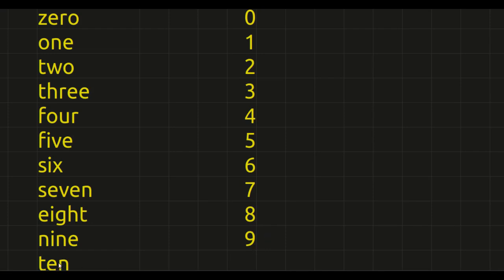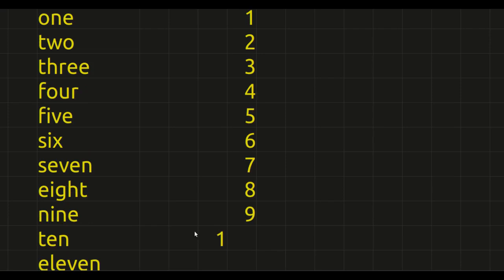For representing 10, we are going to reuse our symbols. That is, we are going to use more than one digit. Till now we were using only one digit, now we are going to use 2 digits. In this position we are going to use 1, and in this position we are going to repeat starting from 0 to 9 again.